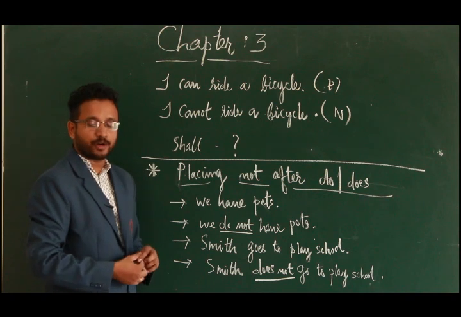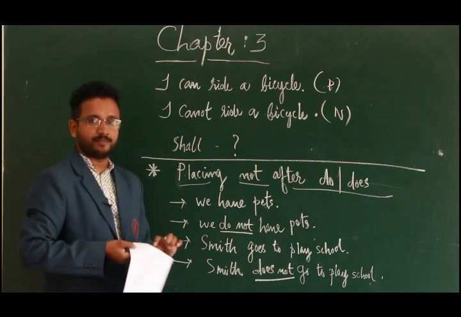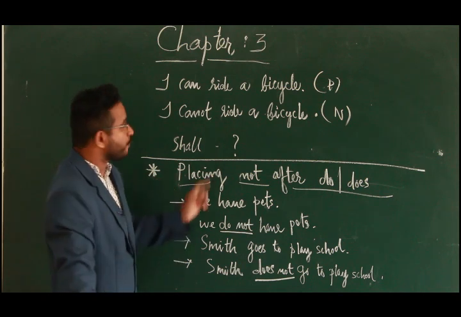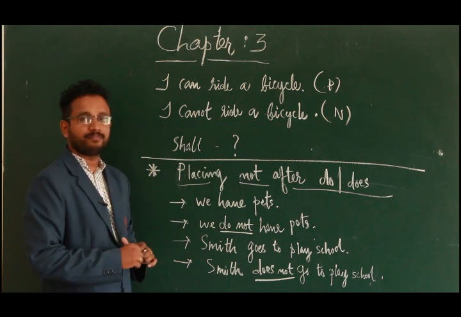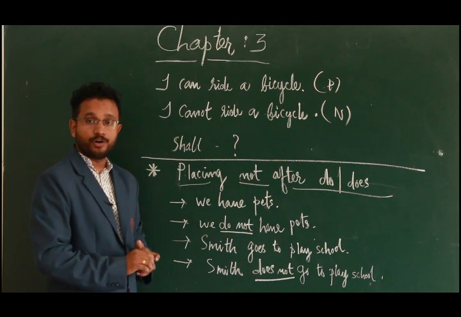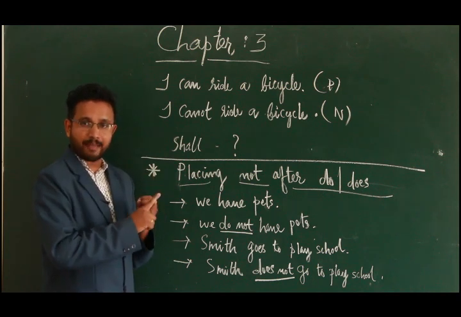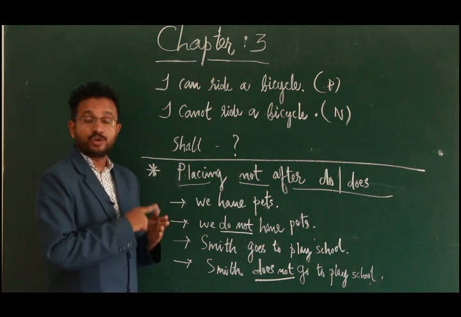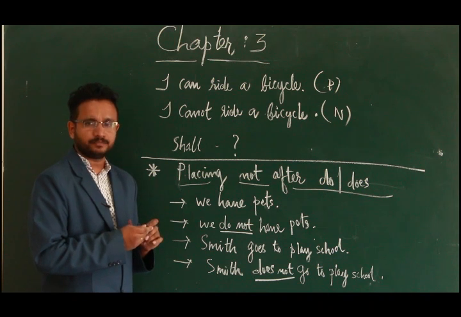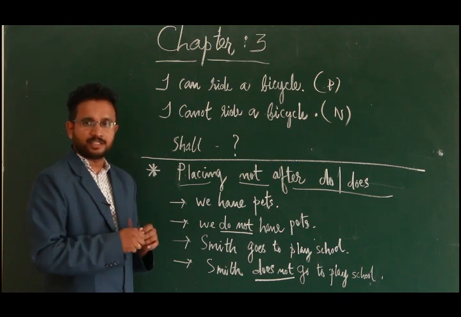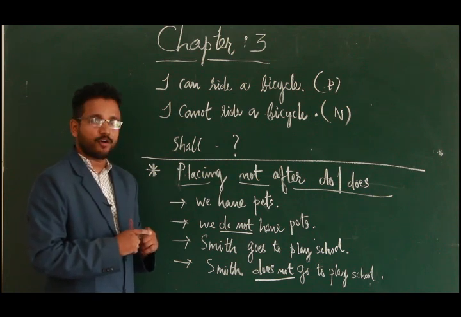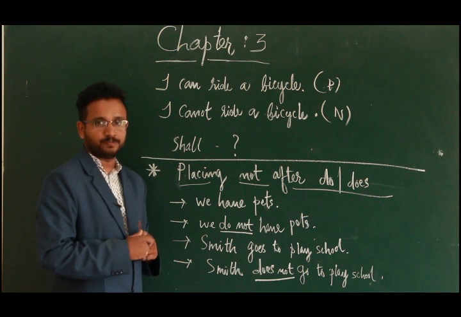If you have a chart paper or a white sheet, you may please divide it into two columns called positive and negative and write 3 sentences each for is, am, are, do, does, will, shall and can. And take a photo of that and put it in our WhatsApp digital classroom.